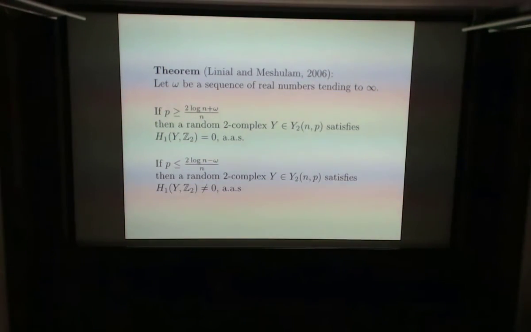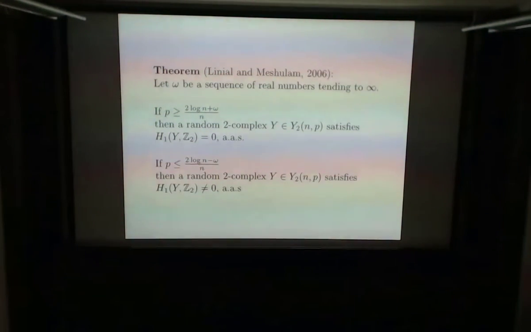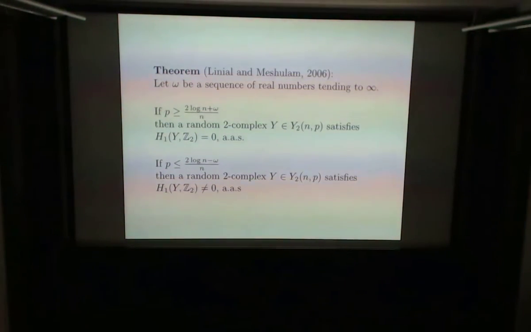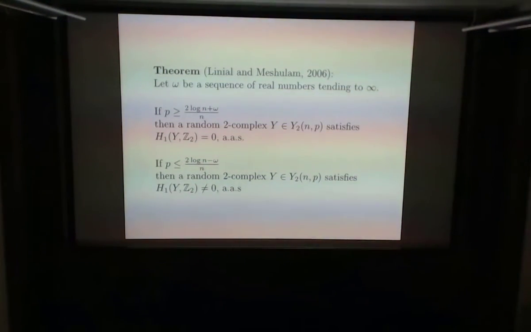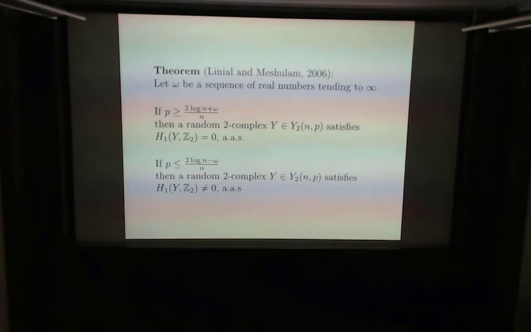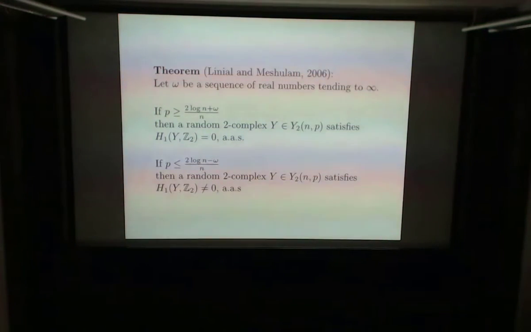So we can think about the theorem as follows. What happens when we have p growing, when p is the probability of adding a triangle? If p is small, then we have in total quite a few triangles added to our simplicial complex.